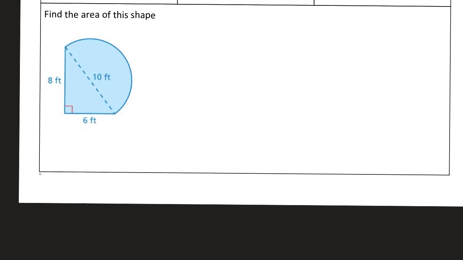Okay, I'm going to find the area of the triangle first. Take a second and write on your paper what the formula for the area of a triangle is.